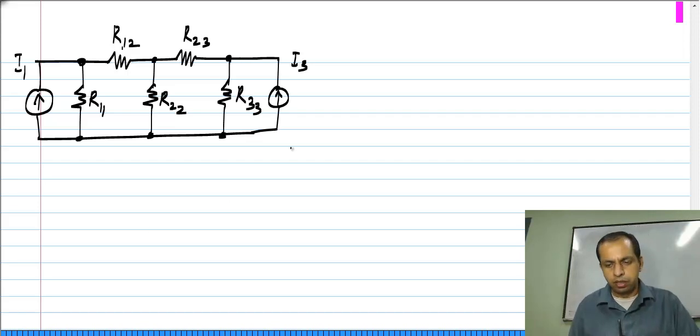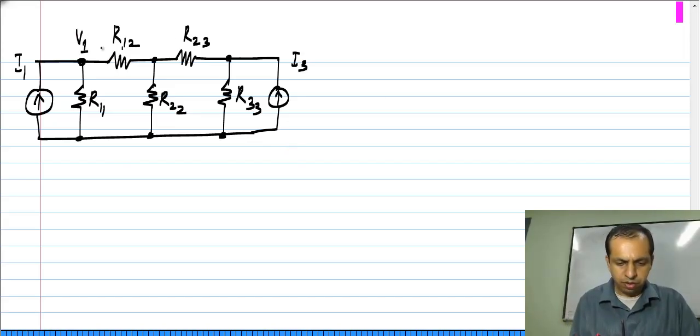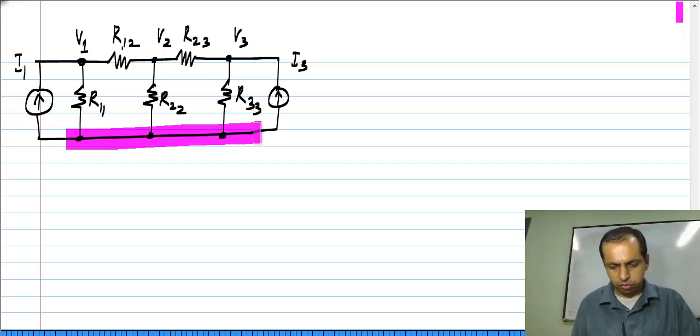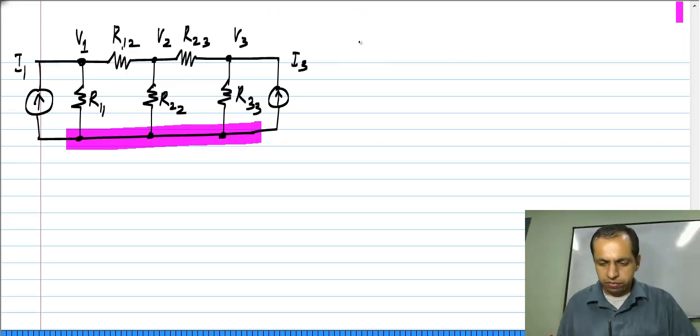Okay. And I have got my equations which are in terms of these node voltages V1, V2, V3 with respect to the reference node. Okay. So, what did I have?